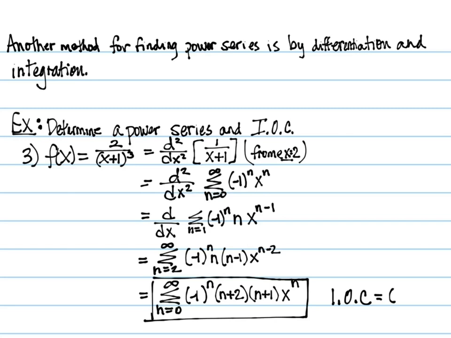So negative 1 to the n times n plus 2 times n plus 1, that's a... yes, it would be. Okay, the geometric series, we used it back up at the very, very beginning, right here. Yep, good question. Kind of hidden in there, right? We used it from a previous example.